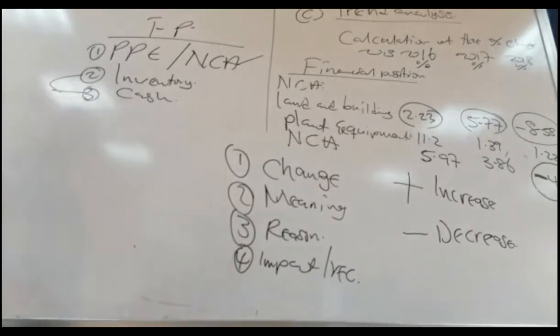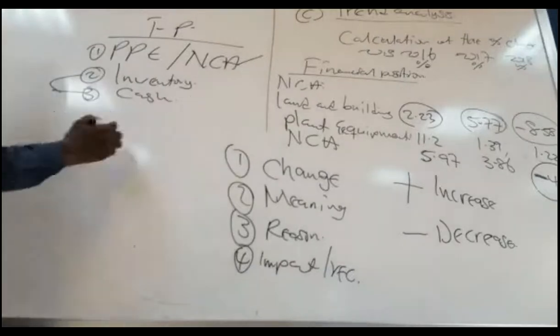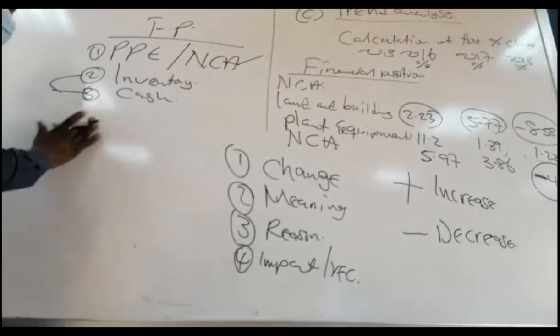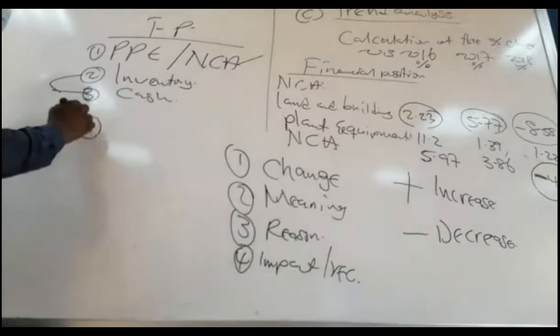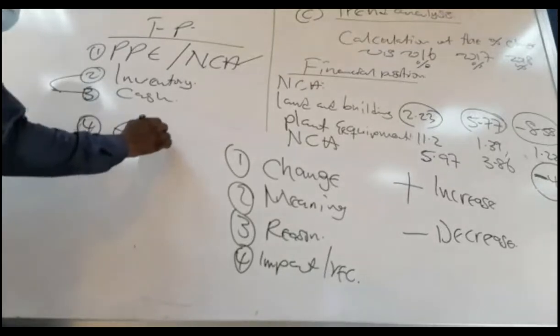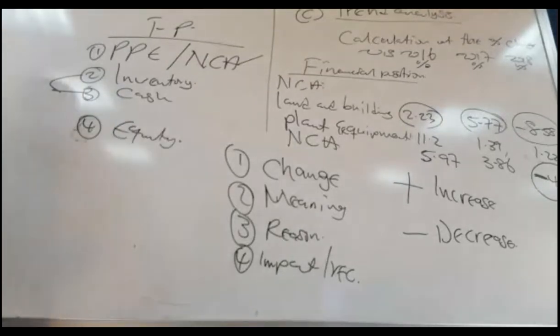Then from there, you jump straight to equity. So equity will be the third point. You have to talk about equity. Check the stated capital, whether they have issued shares. If the stated capital increases, meaning they have issued shares, then you check whether the other components of equity have also increased.